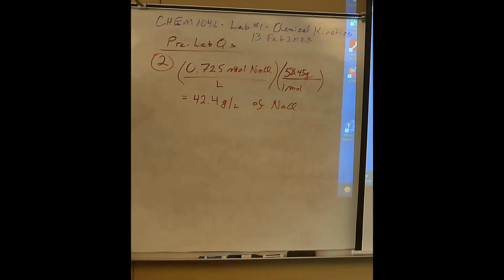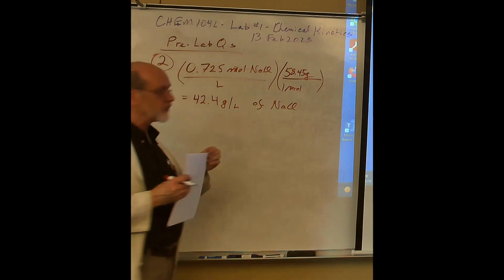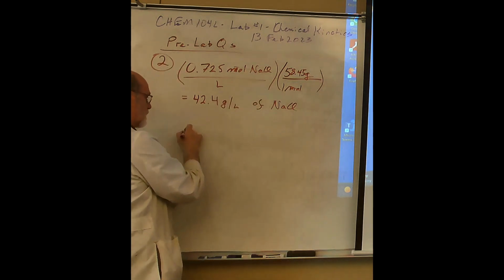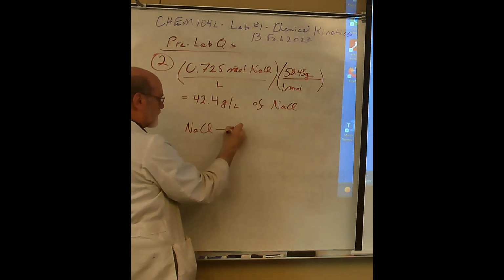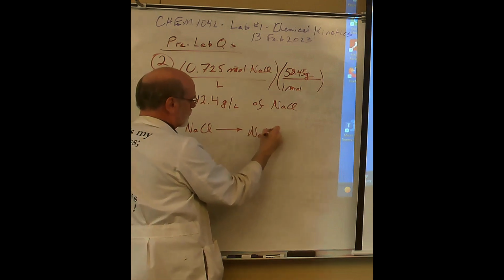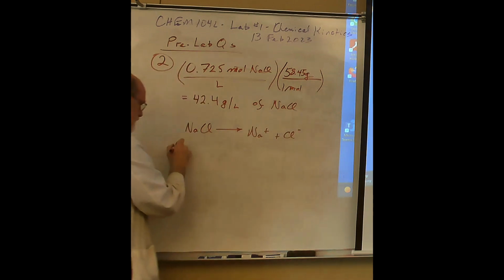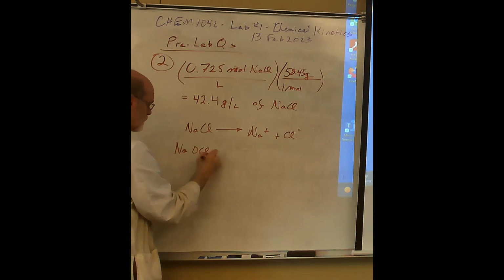And that would give you exactly the same ionic strength, the molar strength of sodium chloride as sodium hypochlorite. Now we know that's true because what? When this one breaks up in solution, what does it make? It makes one sodium and one chloride. When sodium hypochlorite breaks up in solution, what does it make?